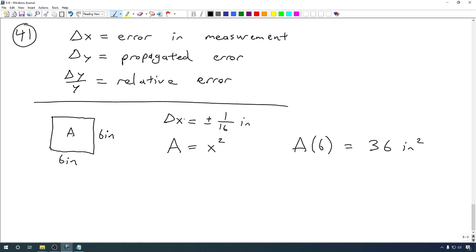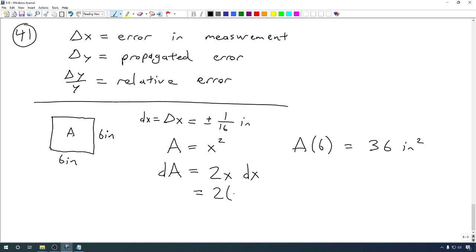But if the error is some plus or minus 1/16, which is, again, dx, the same as delta x, we take our differential. dA is the derivative. Derivative of x squared is just 2x. Then we multiply that by dx. And so dA is 2 times x.